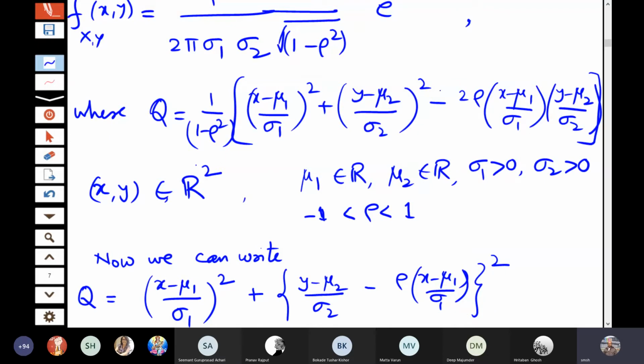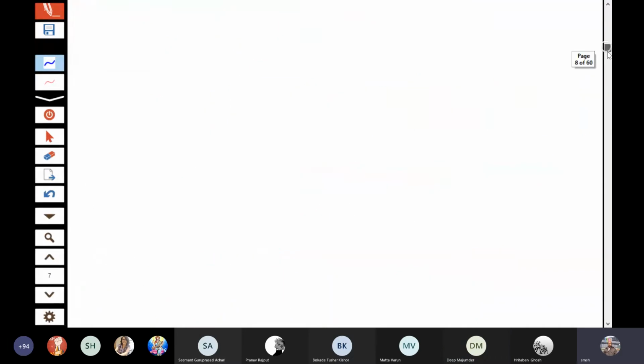Then the remaining terms make a perfect square: ((y minus mu2) by sigma 2) square minus 2 rho ((x minus mu1) by sigma 1)((y minus mu2) by sigma 2) plus rho square ((x minus mu1) by sigma 1) square. So it becomes a perfect square, and you get this term. Is that okay? Yes, sir.